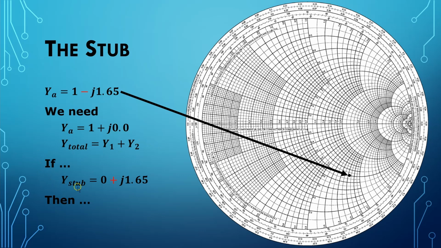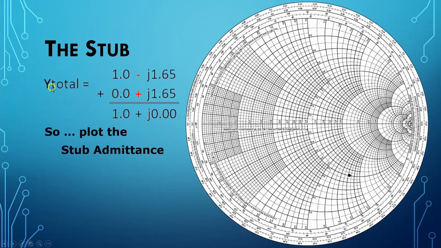If y sub stub is equal to 0 plus j 1.65, and we have y sub A equal to 1 minus j 1.65, then we would end up with the total y equal to 1 minus j 1.65 plus 0 plus j 1.65. 1 plus 0 is 1, minus j 1.65 plus j 1.65 is 0. We got exactly what we want.